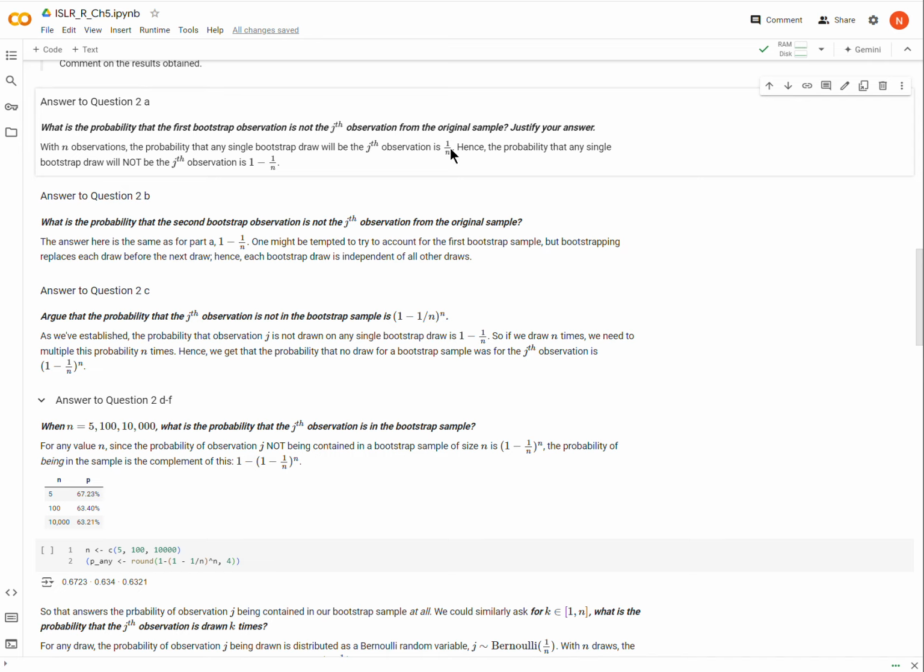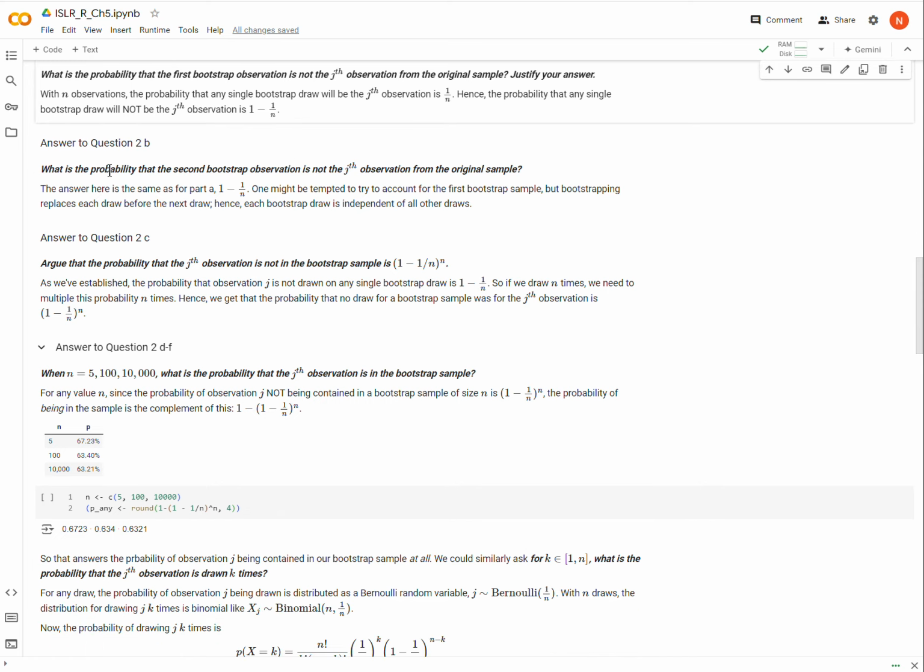So they all have 1 over n probability of being drawn on any particular draw. So now the jth observation: we're going to draw once for the bootstrap, and we're looking at just one of the observations. The probability that the jth observation is drawn for this particular draw is 1 over n. That means that the probability that it is not drawn is 1 minus 1 over n.